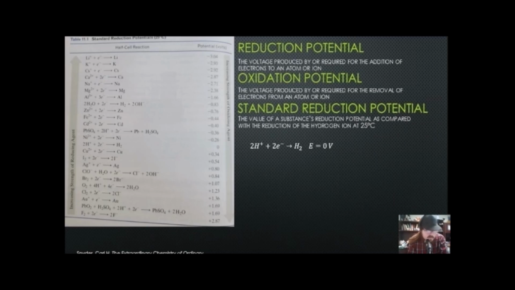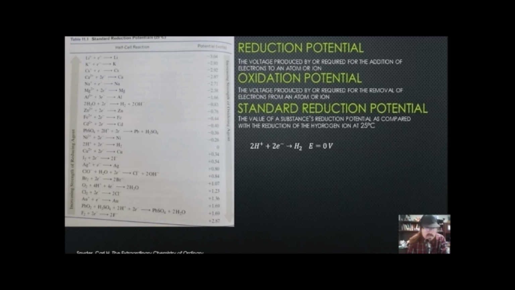And so we can do this. Note, when you reverse the reaction direction, go from lithium plus to lithium solid, and flip that around from lithium solid to lithium plus, we would also flip the sign of the voltage. So reducing lithium requires 3.04 volts, but oxidizing lithium would produce 3.04 volts.